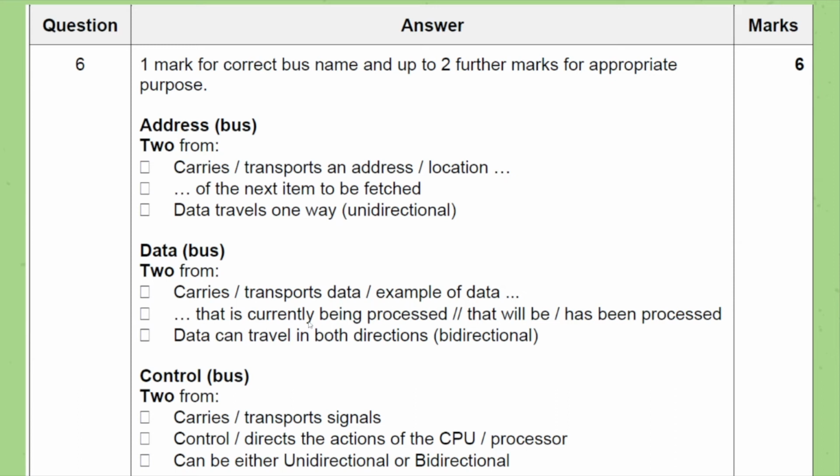And you can also write carries the data that is currently being processed. Because it is bidirectional, it can carry both ways. If you write control bus, you can write carry signals or control signals. You can write the data can travel in only one direction, so it is unidirectional.